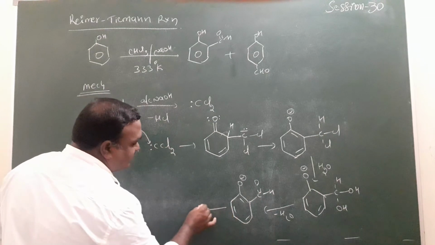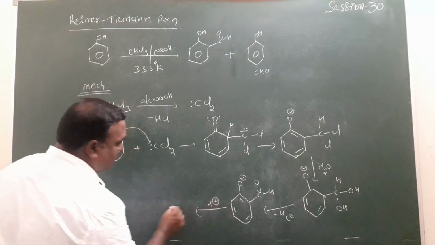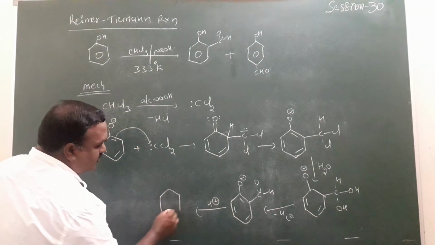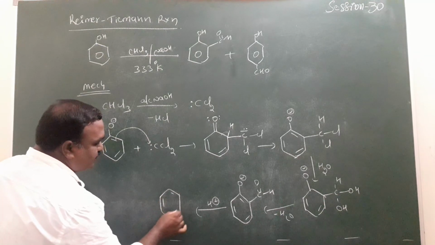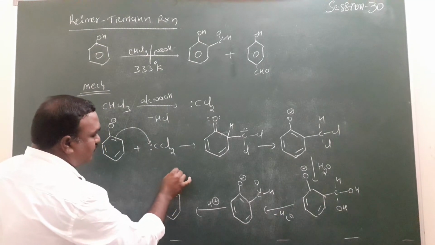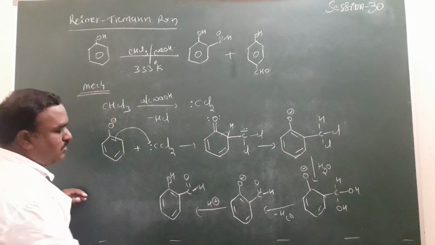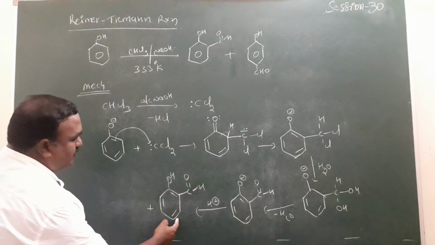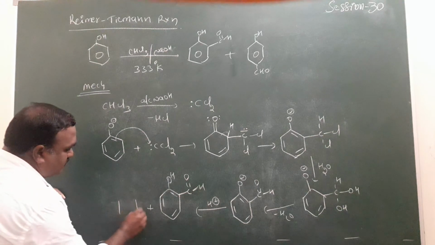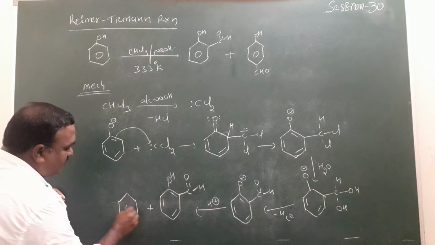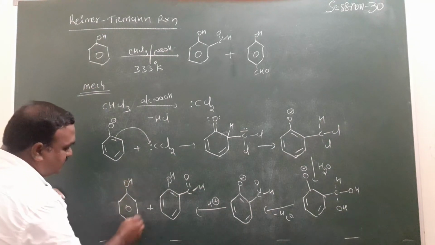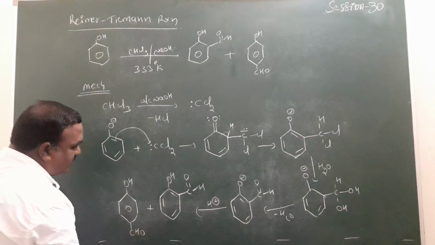Again acid hydrolysis is given, then the charged one converts into the neutral one here, OH, C double bond OH. If you take the position at the para position, then para-hydroxybenzaldehyde is formed here.